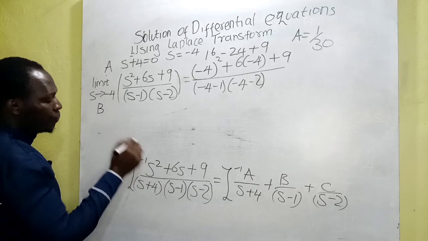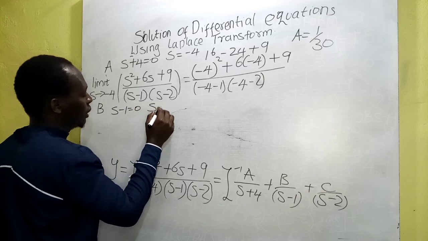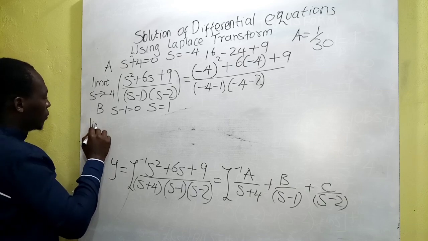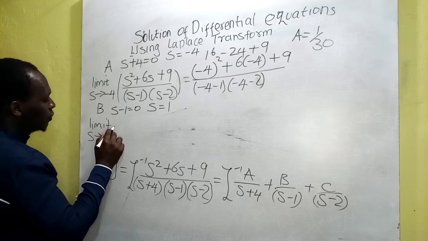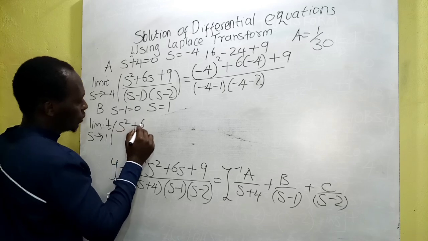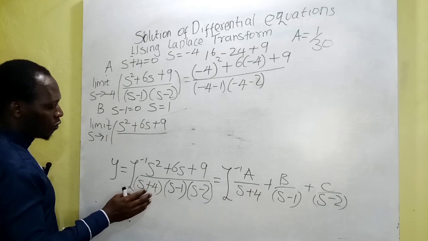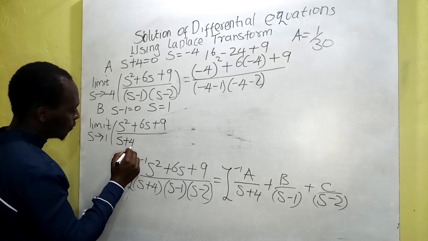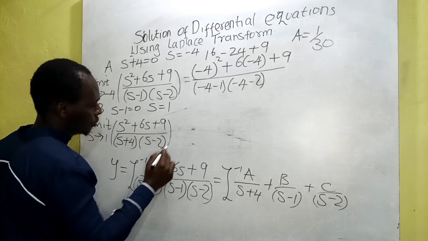For the value of b, s subtract 1 is equal to 0, to mean that s is equal to 1. Limit, the condition of s approaches positive 1 of s squared, we add 6s, we add 9, everything all over, we cover up our term of b, s plus 4 into s minus 2.